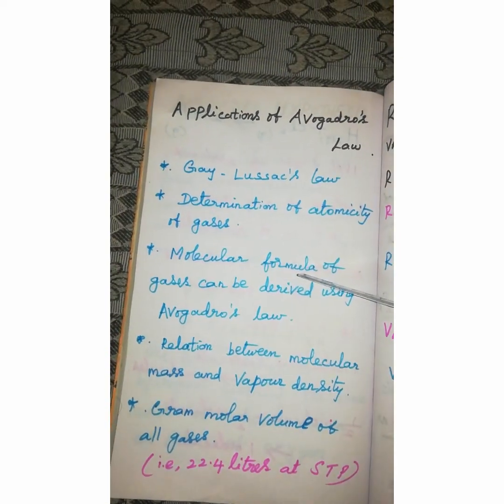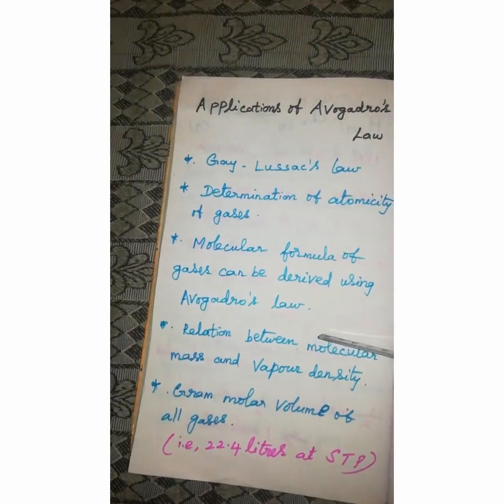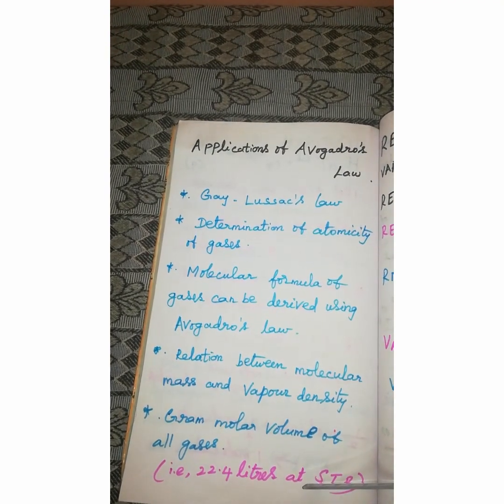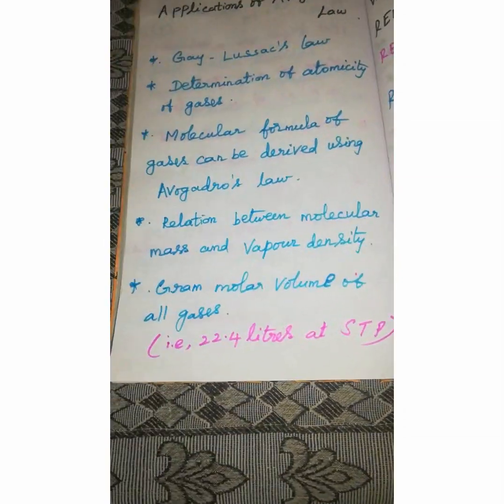Molecular formula of gases can be derived using Avogadro's law. It determines the relation between molecular mass and vapor density. It helps to determine gram molar volume of all gases at STP. Gram molar volume of a gas equals 22.4 liters at STP.